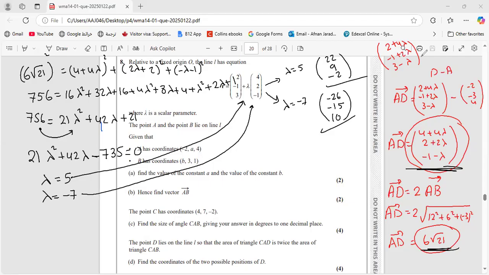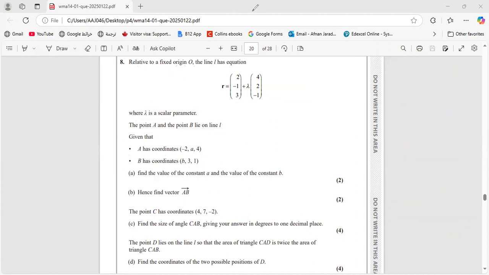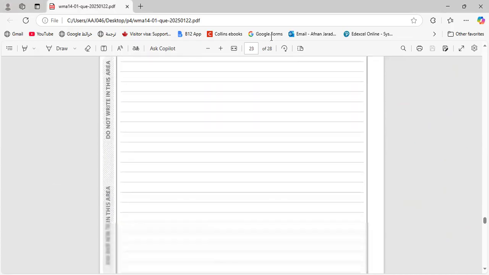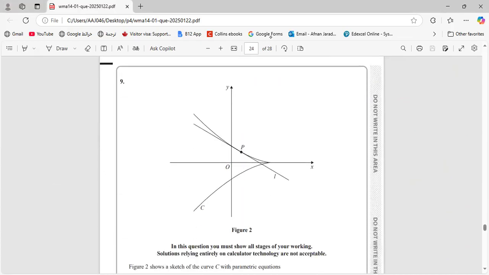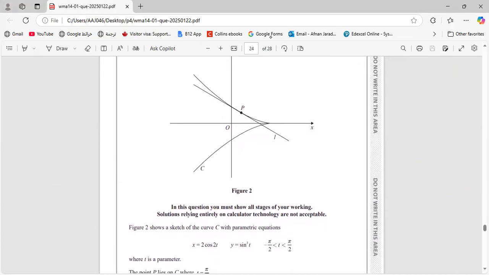The last question, which is about parametric equations. Going to question number 9. Look at question number 9.